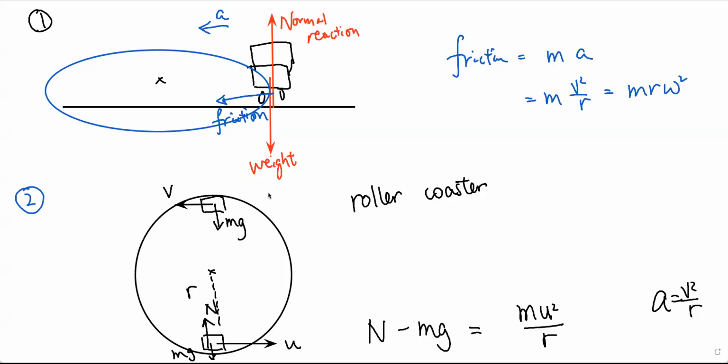So actually at the highest point, the normal reaction can be upwards or downwards, and it depends on the speed of the object. So two cases. At low speed, or even at 0 speed, the normal reaction is upwards.